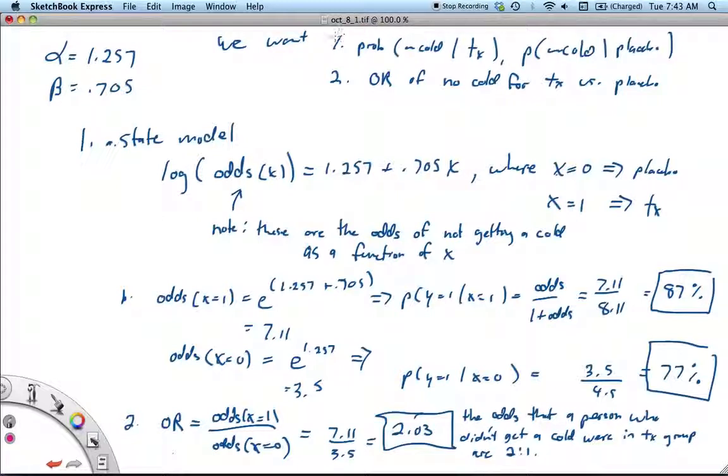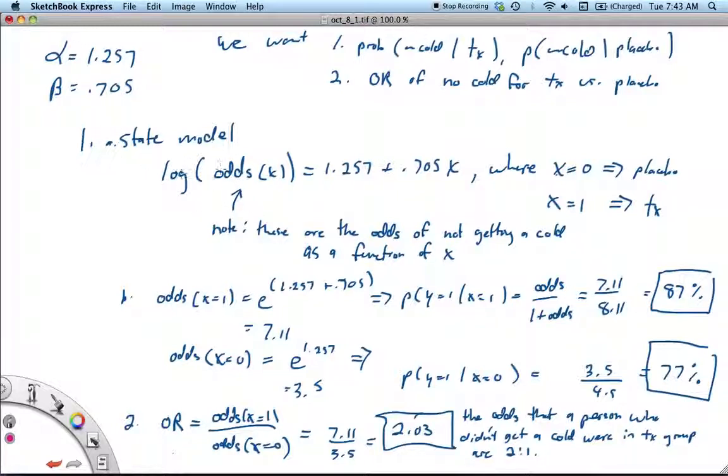So this is what I just said. These are the two questions we're going to answer. The very first thing we want to do is state our fitted model, okay? Because we just did all of that work to get these parameter estimates. This one's a coefficient. This one is an intercept. So we're going to state our model.